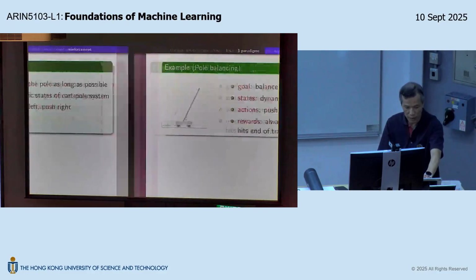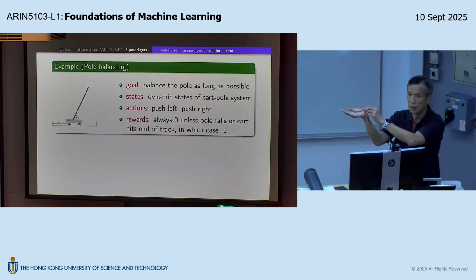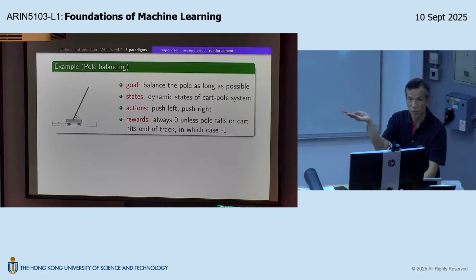So one example is that you always get 0, until when you fall down you get -1. Basically what that means is if you are still in this kind of state, you get 0 reward. So 0 reward is not good, but at least it is not bad. Then when the pole falls down, you get -1. That is, you fail.